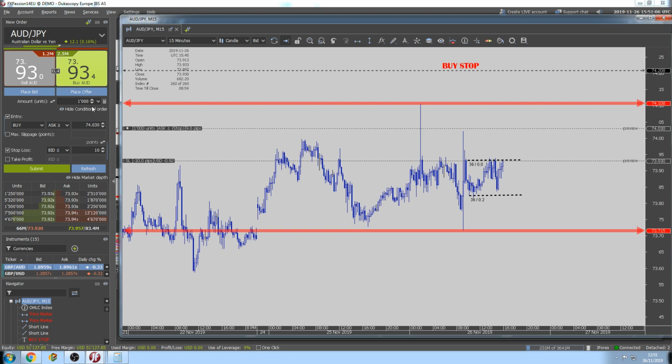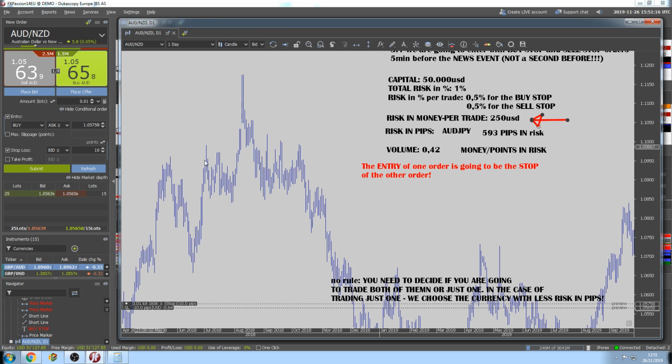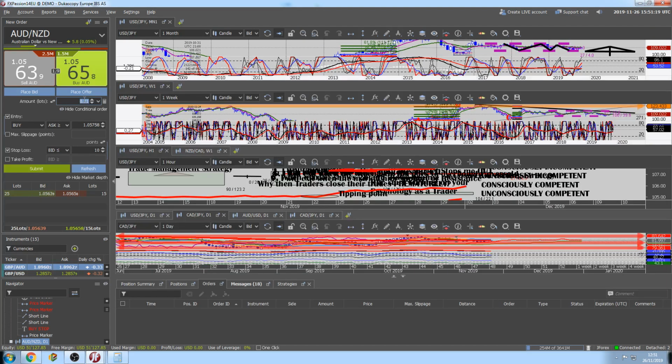So 0.49, right? Let's check the numbers. 0.42, okay. 0.42. Buy, ask. I want to buy at the, oh, this is why, AUD JPY.